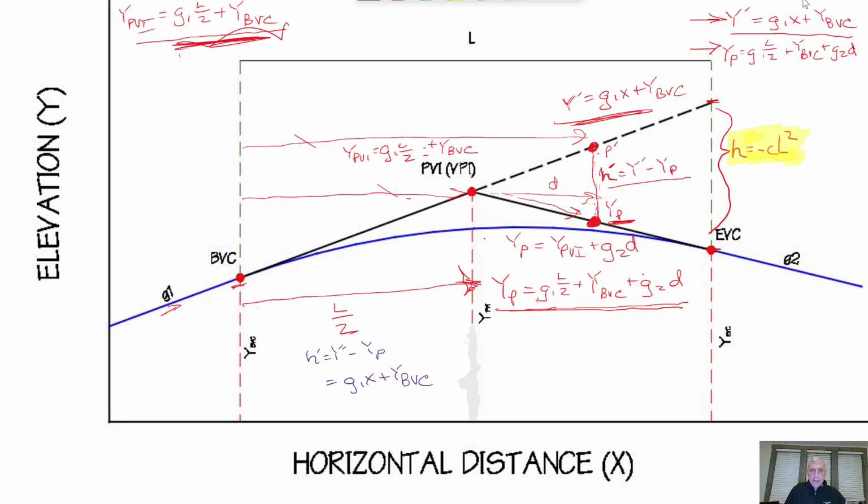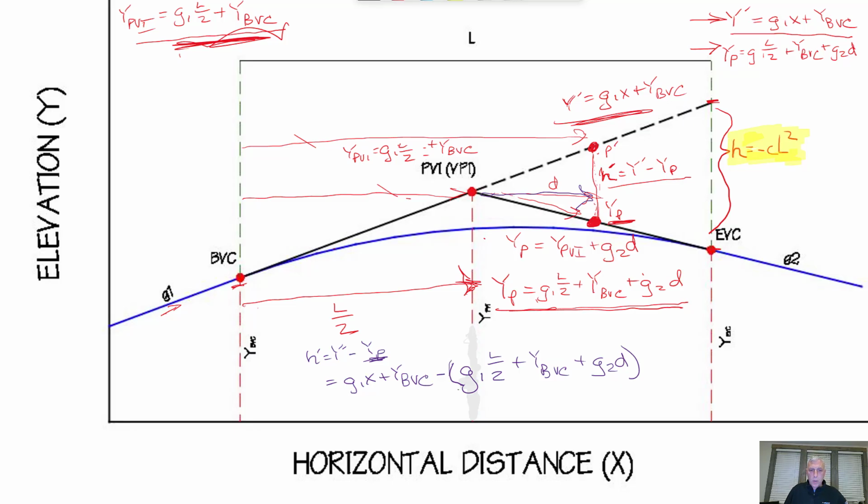And remember here x is all the way from the BVC as far out as we want to take that y prime x value, right? And then that is minus the quantity of yp, which is g1 L over 2 plus y BVC plus G2D, where D is just this distance from the YPVI.